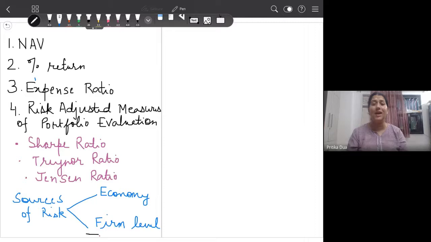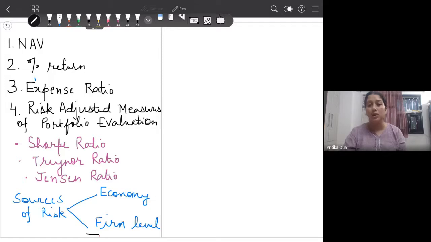On the other hand, there are certain factors which are internal to the firm and have an impact on the working of the firm. Here the examples can be your business-related decisions, the kind of investments you are making, and the financial structure of the firm: how much equity, how much debt is being raised, and the debt-equity ratio in the capital structure.